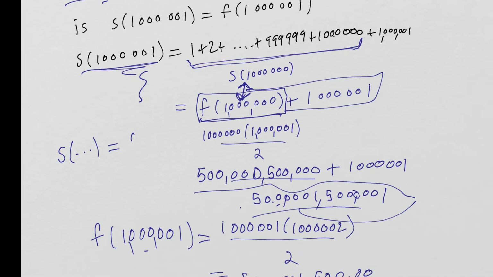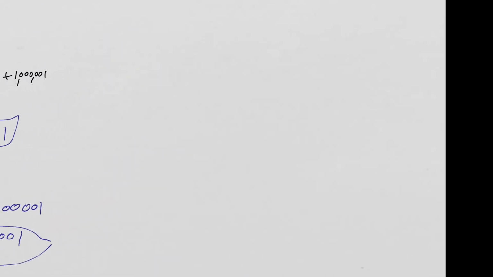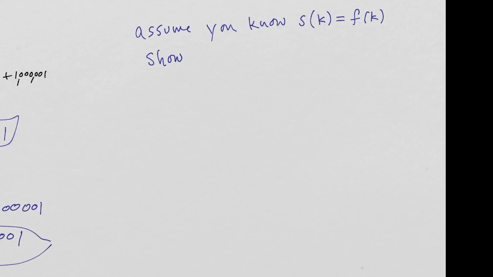So what I really want to do is say, hey, assume, or haven't lied to me if you prefer, that S of k, for some k, is equal to F of k. So k here could be 1,000, it could be 1,000,000, it could be 1,000,000,000, it's whatever. Assume I already know that. I want to just show that S of k plus 1 is equal to F of k plus 1.